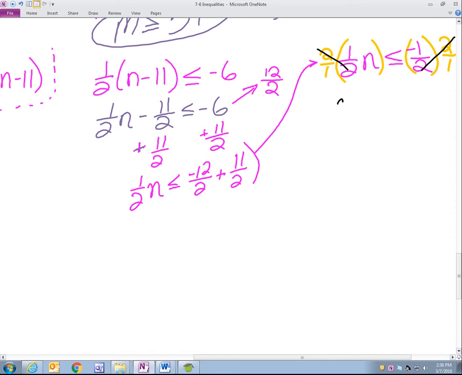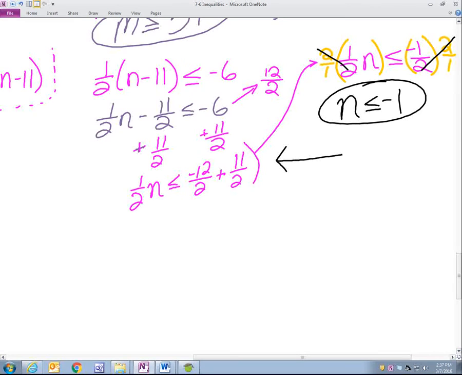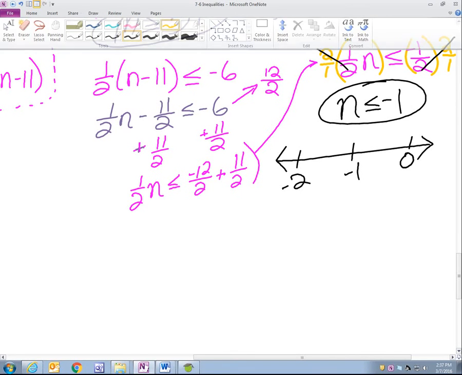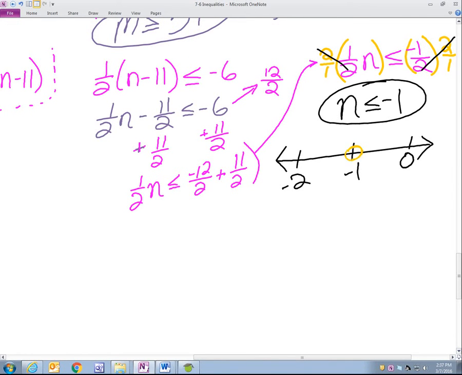These two cancel out, so now I just have n is less than or equal to negative 1. We'll write it down in just a moment. And it's closed in because it's less than or equal to.